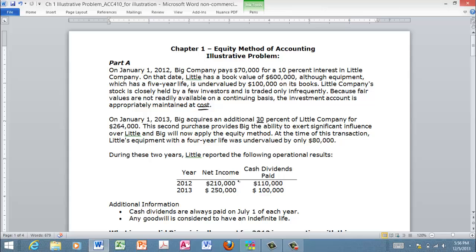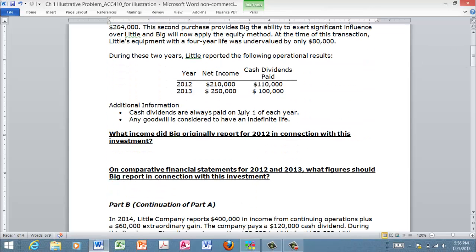And then they give you the income and dividend data for 2012 and 2013. And then they also say that the cash dividends are consistently paid on July 1st, and any goodwill is considered to have an indefinite life. And that's typical of almost every transaction: goodwill is not amortized over any finite life.